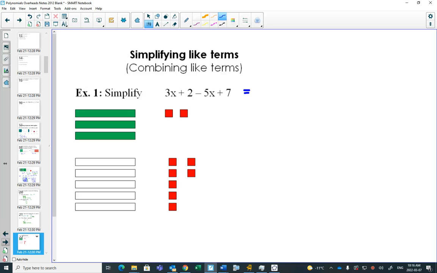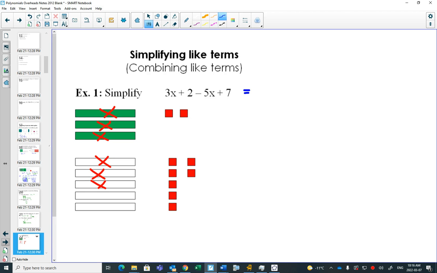And what's going to happen is every time you have a solid one and its opposite, they would cancel out. So one of these will cancel out with one of those. One of these would cancel out with one of those. And one of these would cancel out with one of those. What are we left with?